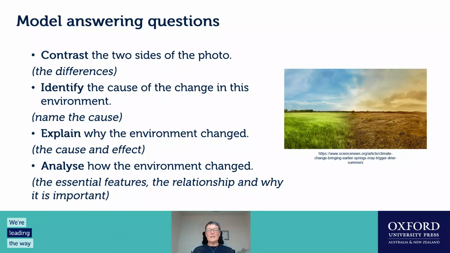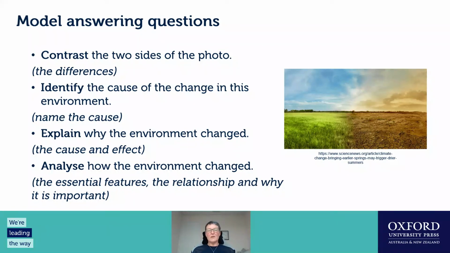Then you might get them to identify the cause. Identify is just naming the potential cause of this change in the environment. Obviously, one side has water, the other side has a lack of water, is the assumption that we're making based on the colours of the photo. It could also potentially be as a result of pollution, some sort of pollution that is stopping plant growth.